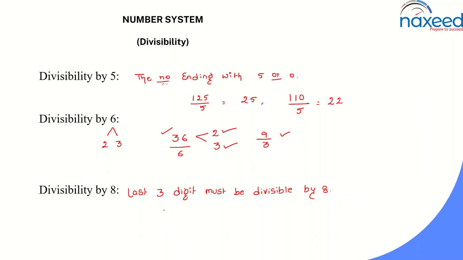For example, I will take an example here, 816760. Take the last 3 digits, my dears, that is 760. Check whether it is divisible by 8 or not. 9 times is 72 and 4 is remaining, that is 5 times it is 40. So yes, it is completely divisible. So the whole number 816760 is also divisible by 8. In this way, we are going to check whether the number is divisible by 8 or not.